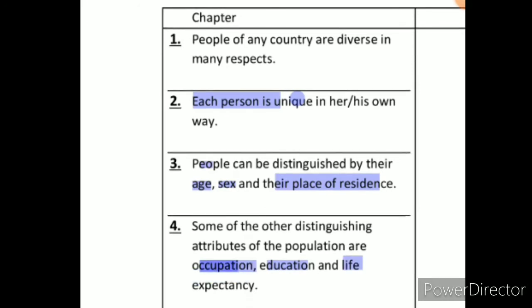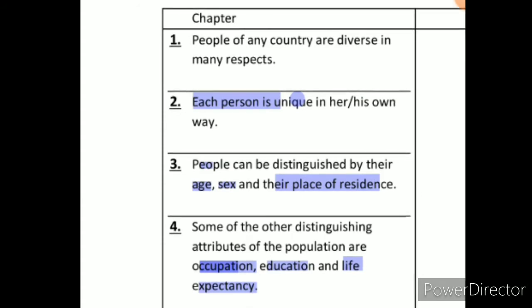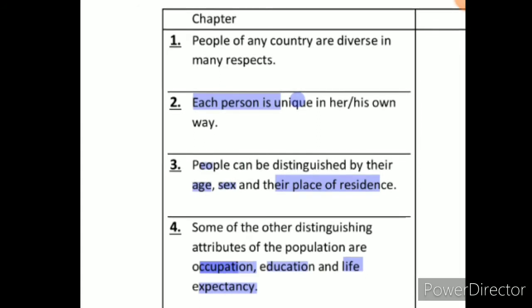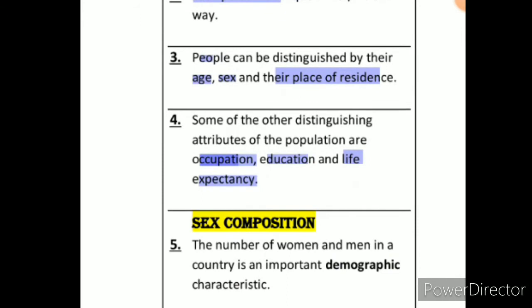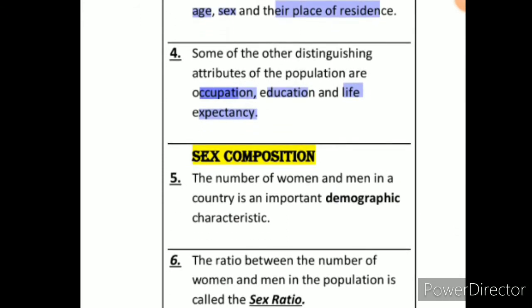Life expectancy means कितने साल एक आदमी जीता है, normal life, right? So every country has its own life expectancy. If you have more resources, if you have spent more money on health facilities, definitely then life expectancy will be more. So in this, we are going to take the first part, that is sex composition.